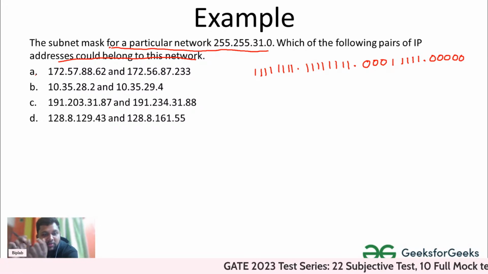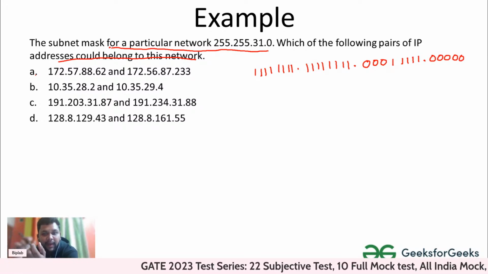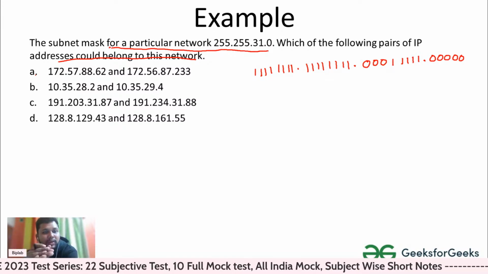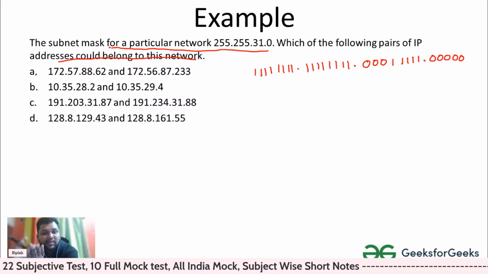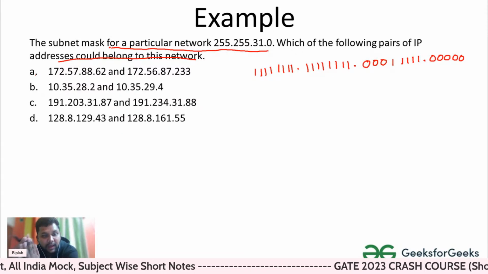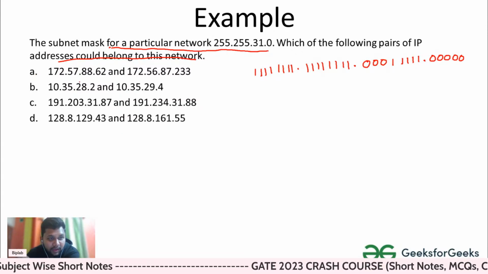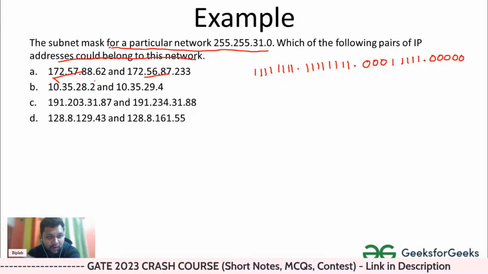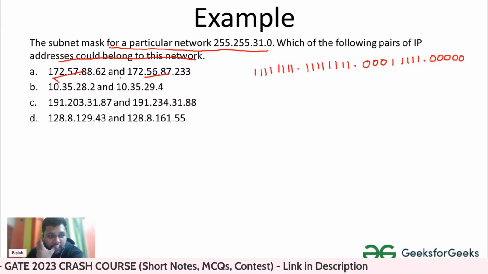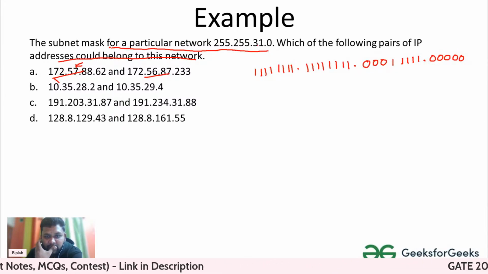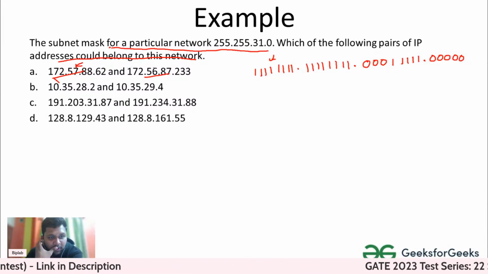So that means when you perform AND operation between this given subnet mask with the IP address, the result you will get will be the network ID, and that network ID should be the same for this one also and for this one also. So if you perform AND of this IP address with this, what will you get?